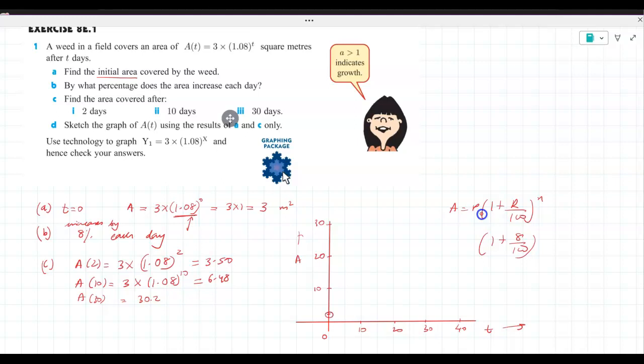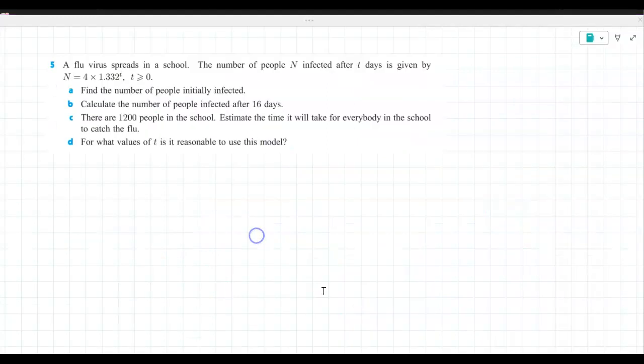You have to plot it on paper. At 2 it will be 3.5. At 10 it is 6.48. At 30 it is 30.2. So this is your graph. That's how you do it.